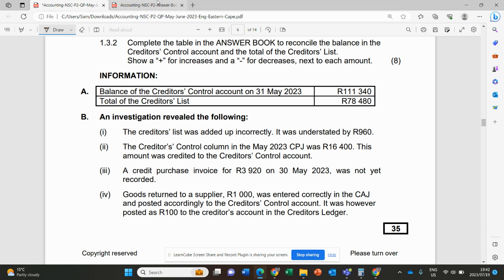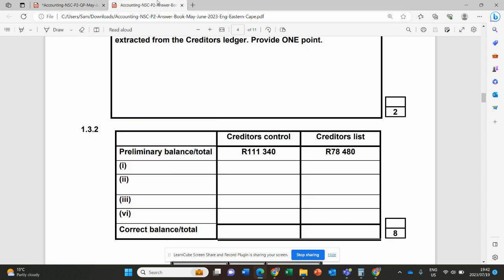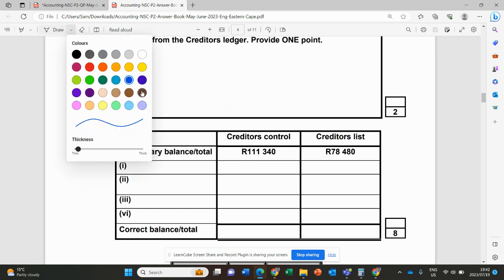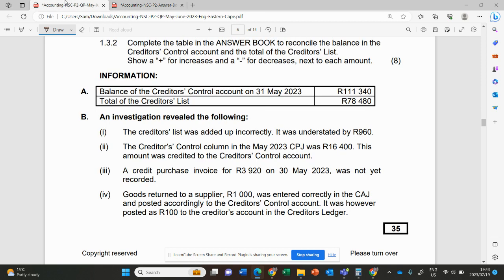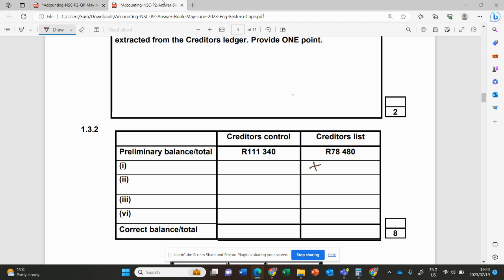So the creditors list is understated, it's undercalculated. So we need to add the amount that was undercalculated, a shortage amount. We're going to add it here. How much was that? It is 960.